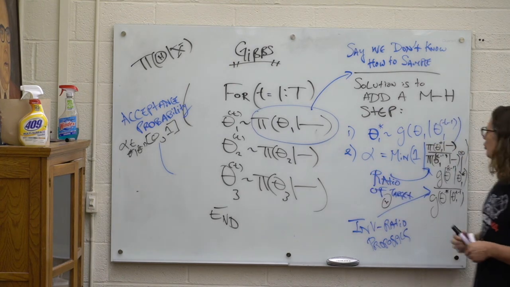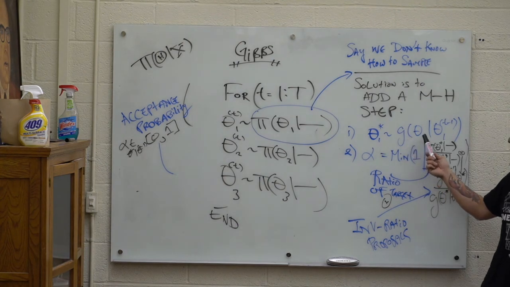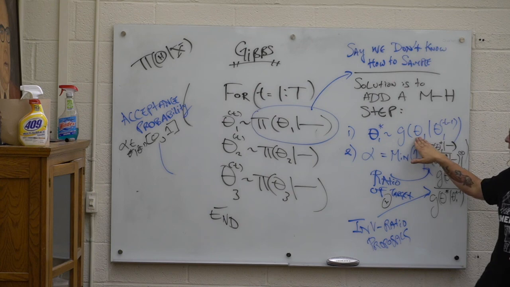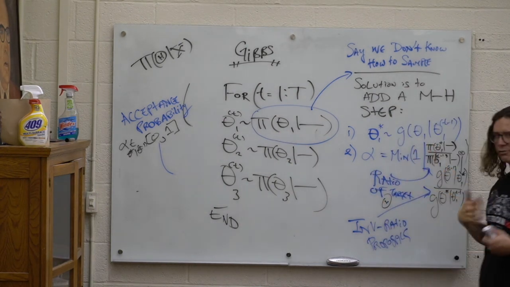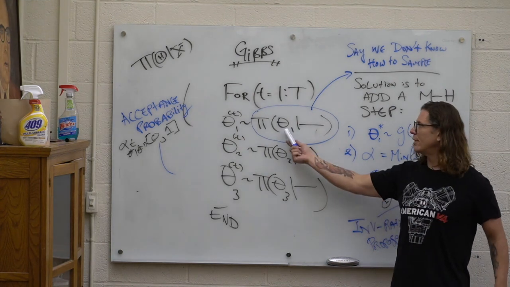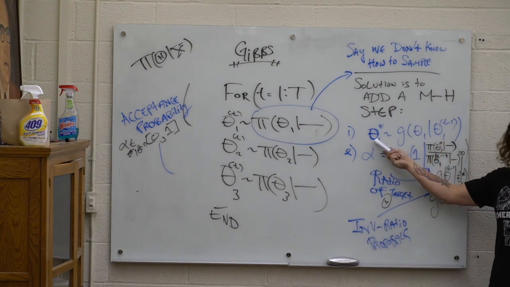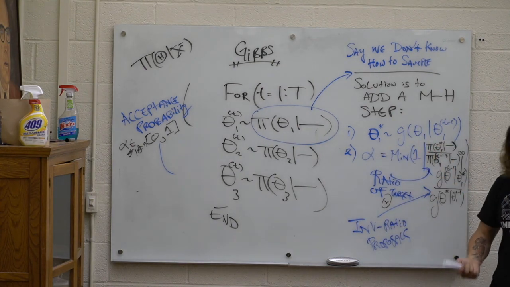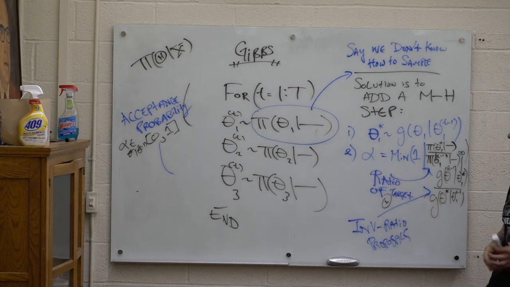So you can pick some proposal that lives in the same support as theta 1. If this was a positive variable, that needs to be positive as well. If this was something across the whole real number line, and I only proposed positive values, I would never see the negative values. I would be truncating those out, and that would be a problem.